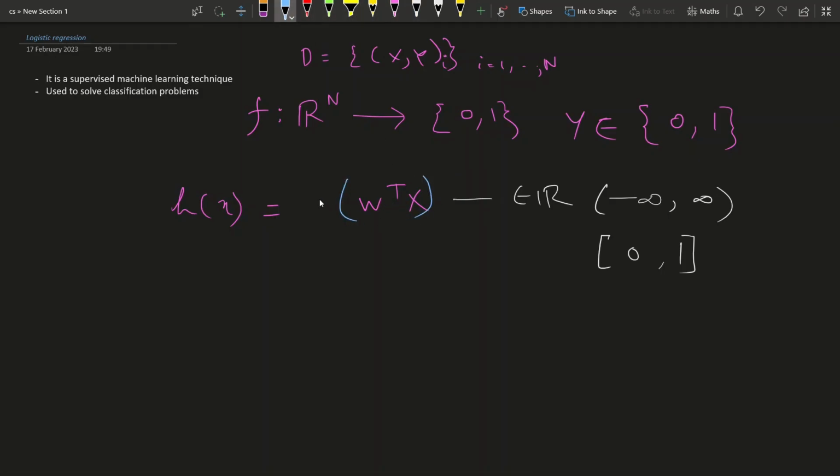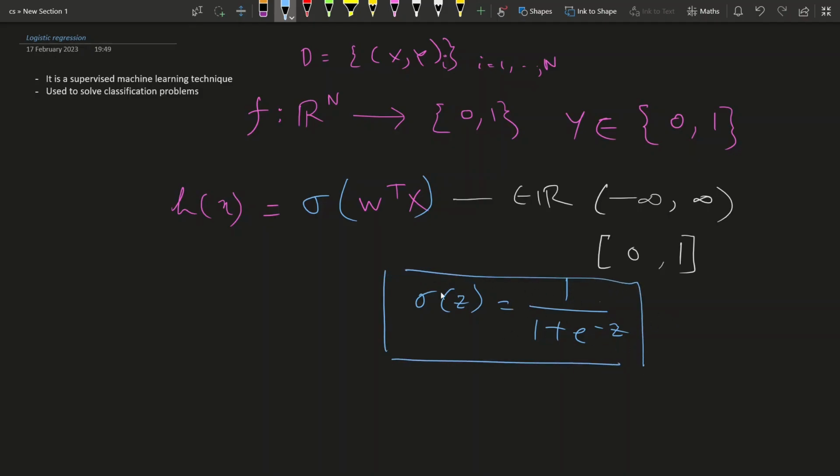So for that, we can simply pass this entire thing to a sigmoid function. The sigmoid function is defined by this formula, with minus z in the exponent. So this is my sigmoid function. If you look at the graph of the sigmoid function, it will look something like this. This is y equals 1, this is 0, and this is 0.5, this is my x, and that is my y.